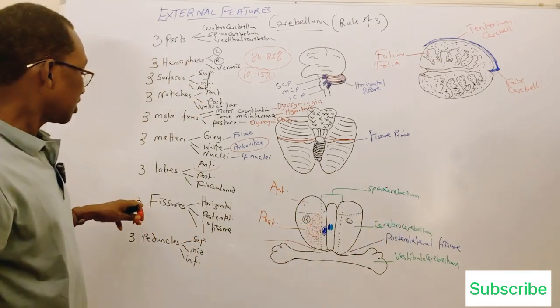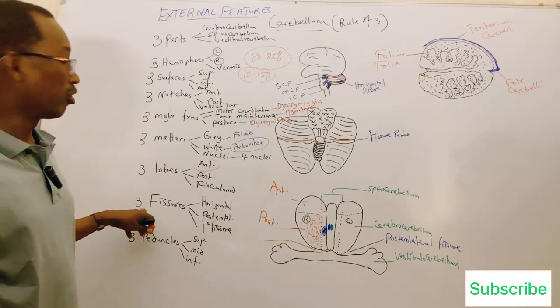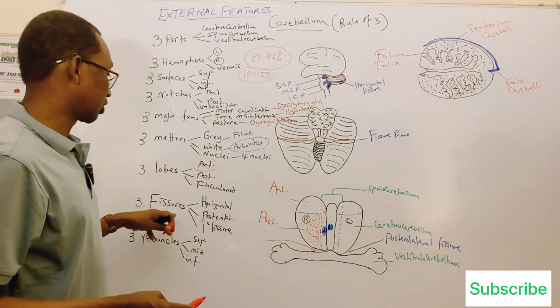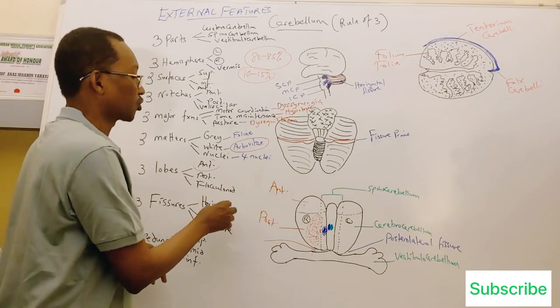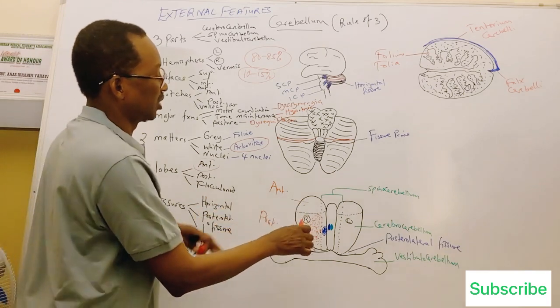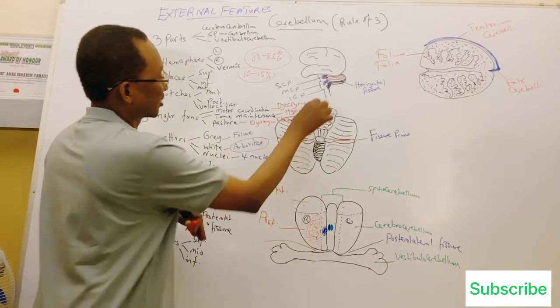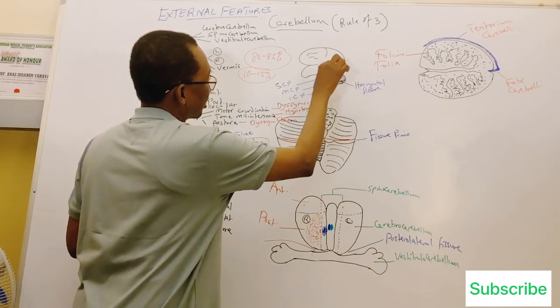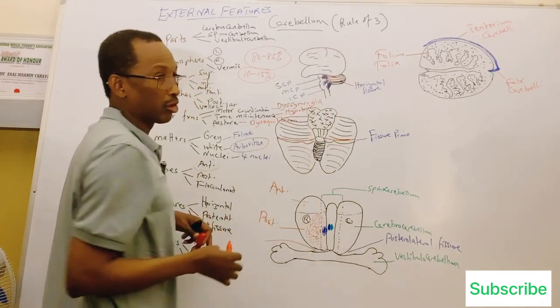The cerebellum also has 3 fissures. These include the horizontal fissure, which is between the superior part of the cerebellum and the inferior part of the cerebellum.